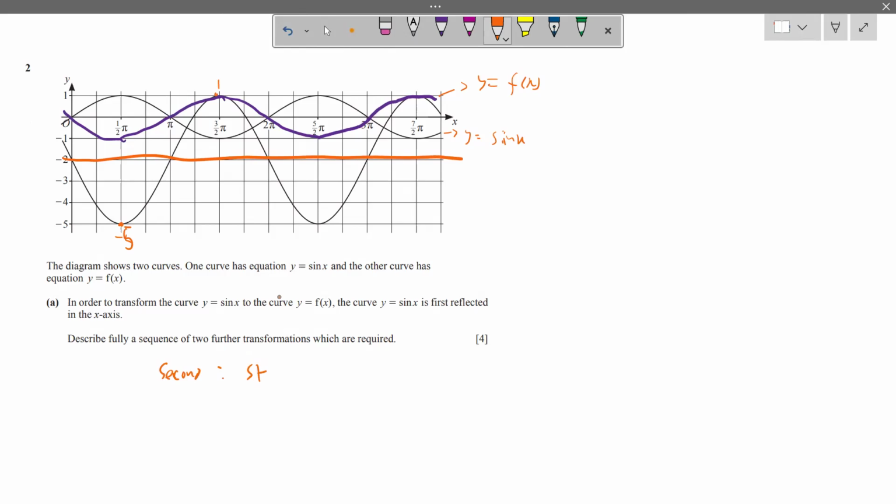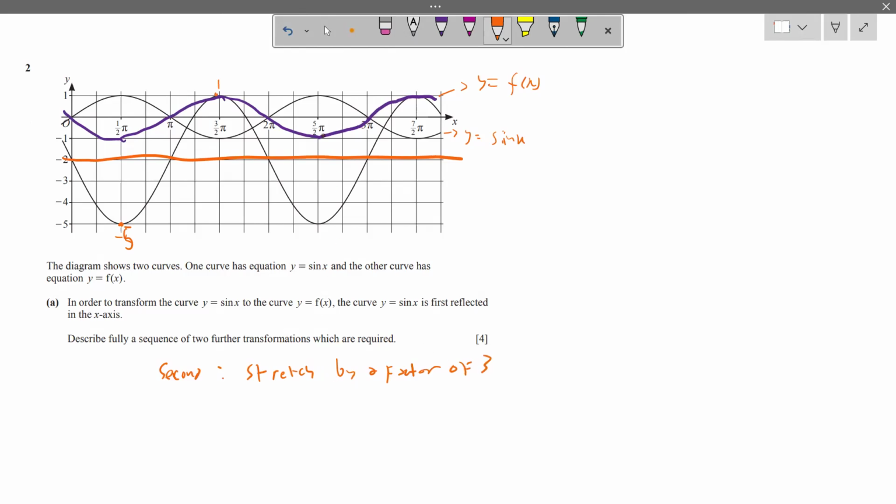And in case you don't know what stretching is, stretching means to transform this graph in the purple such that the distance from each point to the x-axis is multiplied by some scale factor. Stretch by a factor of 3.